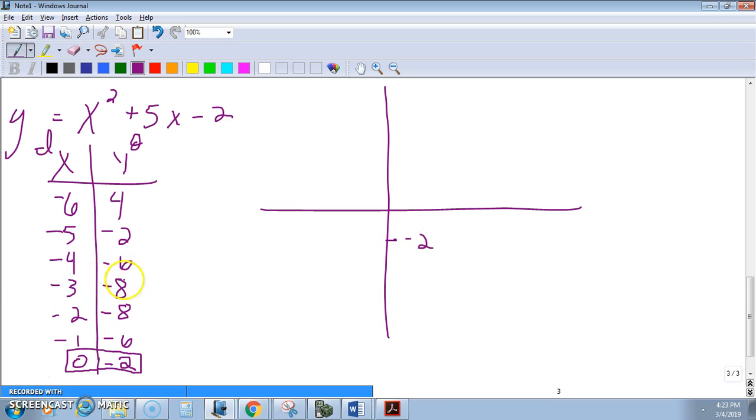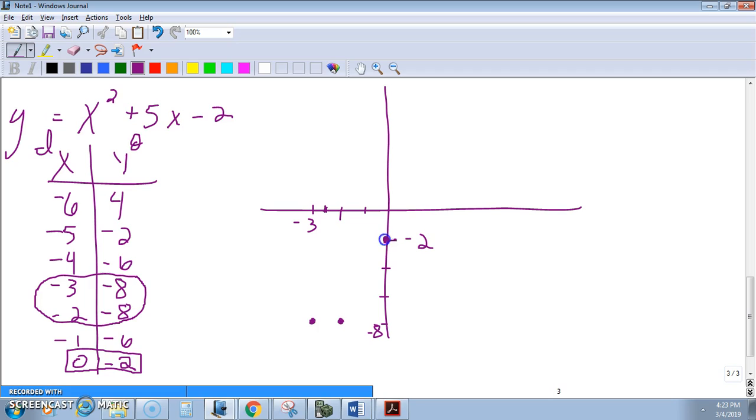And then I know that negative 3 is negative 8, and I also know negative 2 is negative 8. So 1, 2, 3. Negative 3 is 2, 4, 6, 8. Negative 8. Down here. So that's a point. And negative 2 is also negative 8 here. And I know my vertex is going to be in between here and here.